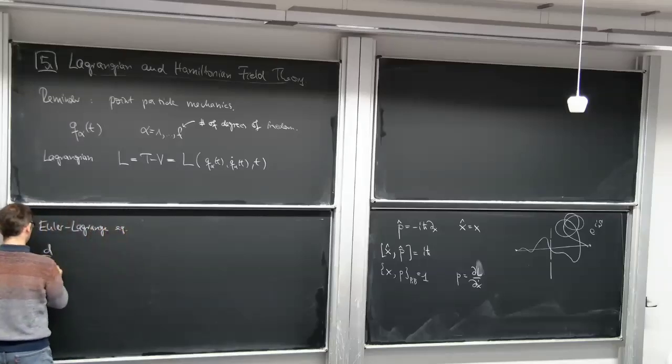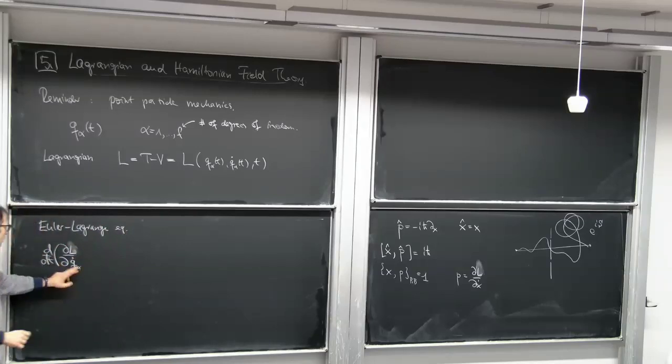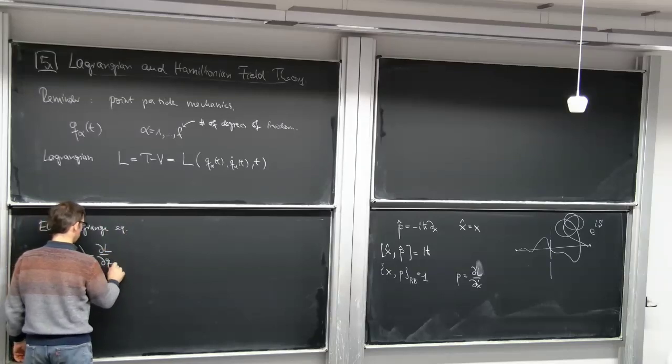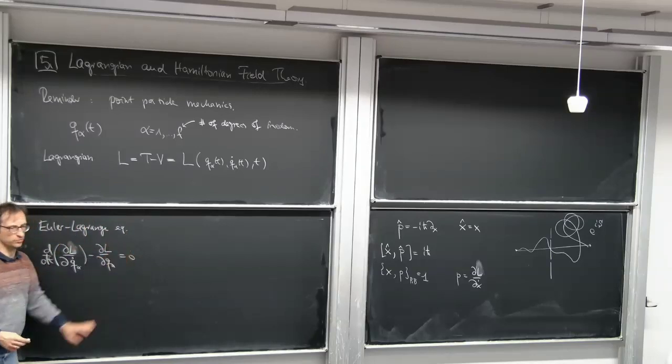They say the time derivative of dL by dq alpha dot. So pick a certain velocity, take the derivative, minus dL by dq alpha, equals 0. You know this thing. That is the equation of motion, or Lagrange.